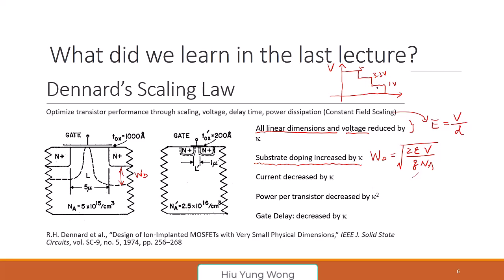In some cases, you might actually have the electric field become too high, and then reliability becomes worse, but you use other methods to alleviate this problem. Remember, this is just an ideal case, not what we're really doing in every generation. But overall, you will see that it is going down.